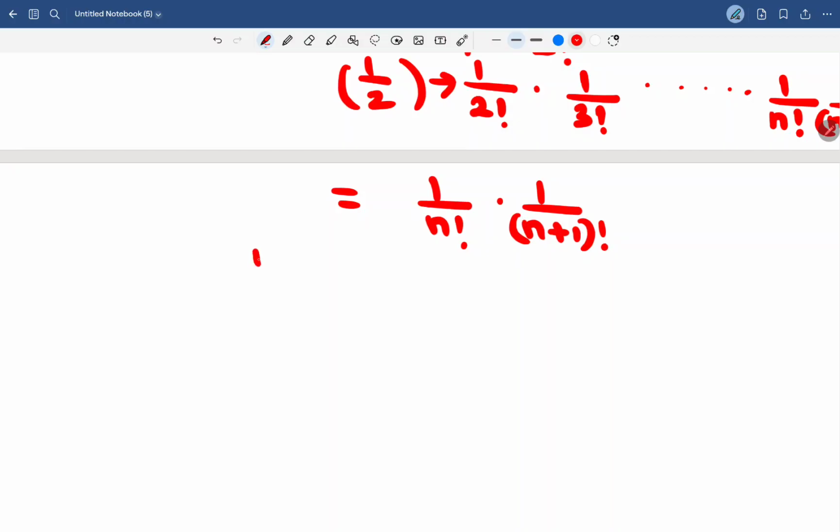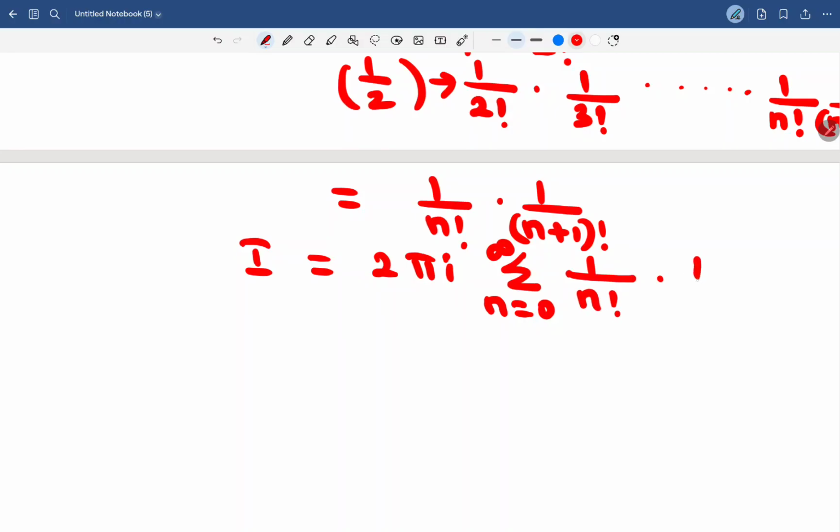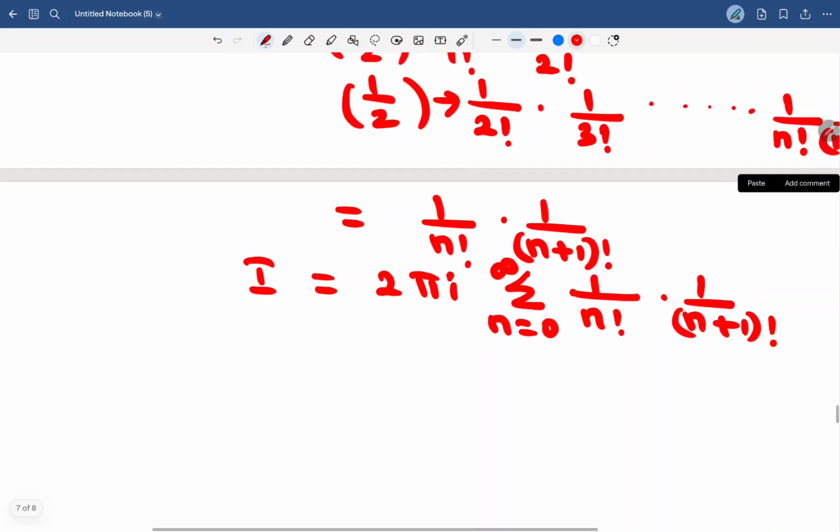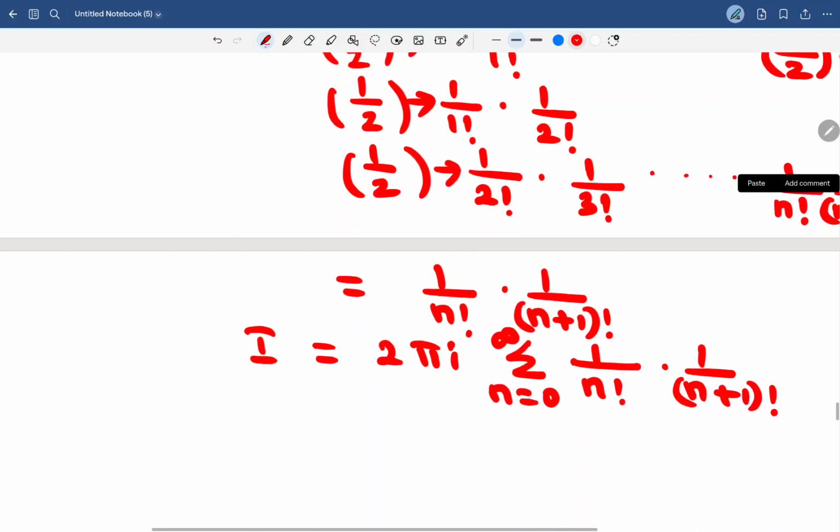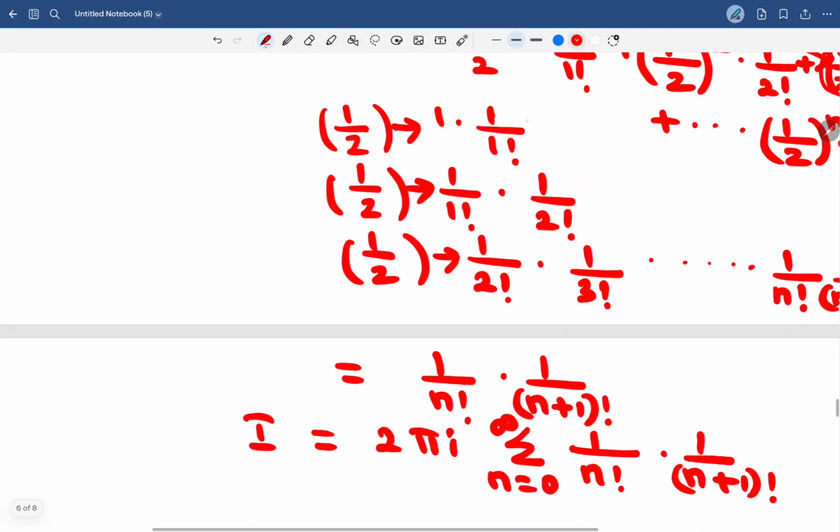Substituting in star, therefore I equals 2 pi i summation n equal to 0 to infinity 1 by n factorial into 1 by n plus 1 factorial. If you check, by putting n equal to 0, 1 by 0 factorial, that is 1, into 1 by 1 factorial.